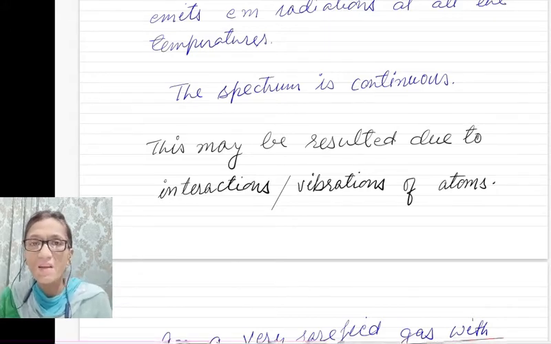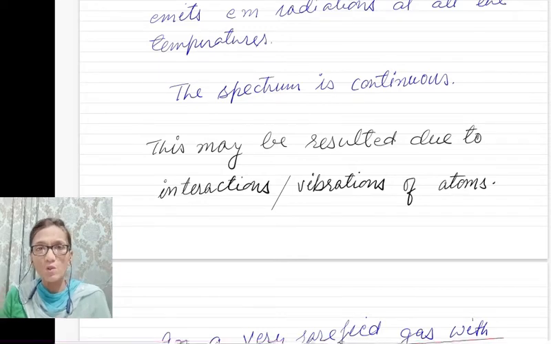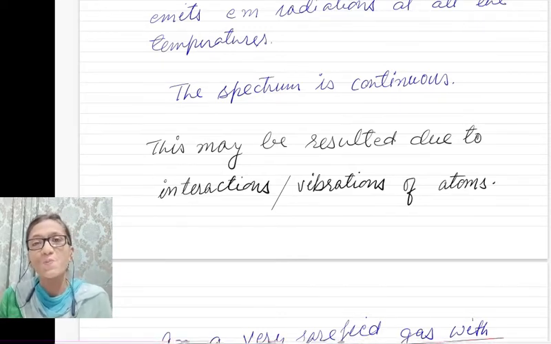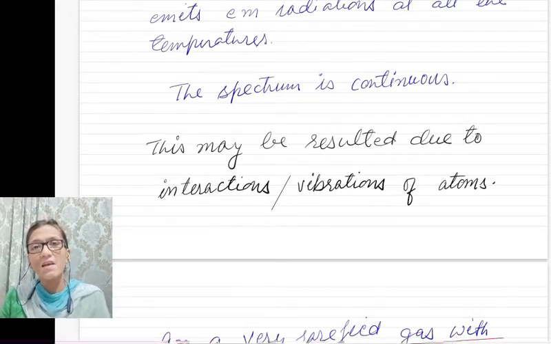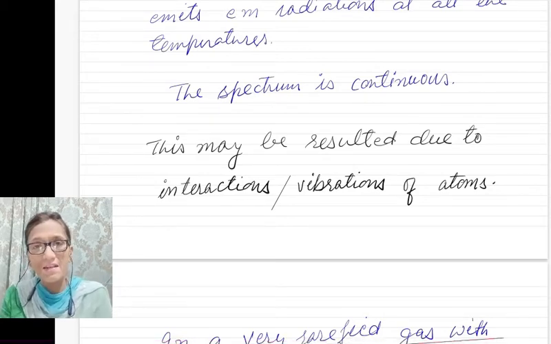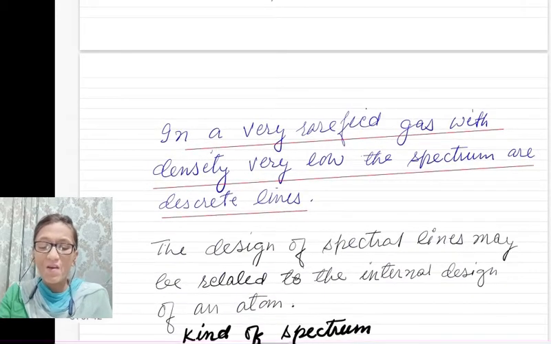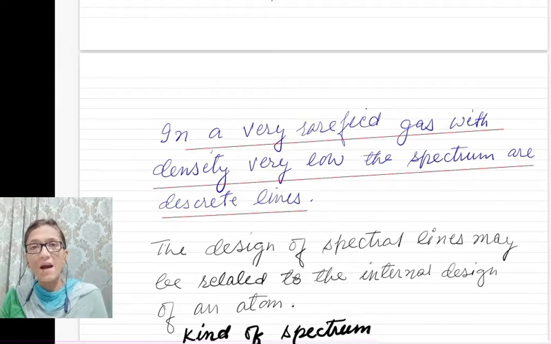We know that in any solid, the atoms are very close to each other. In condensed gases also, atoms are very close, and when they vibrate, they interact. Energy may result due to interaction. But when you take a very rarefied gas, a very sparse gas, the atoms are far away from each other.